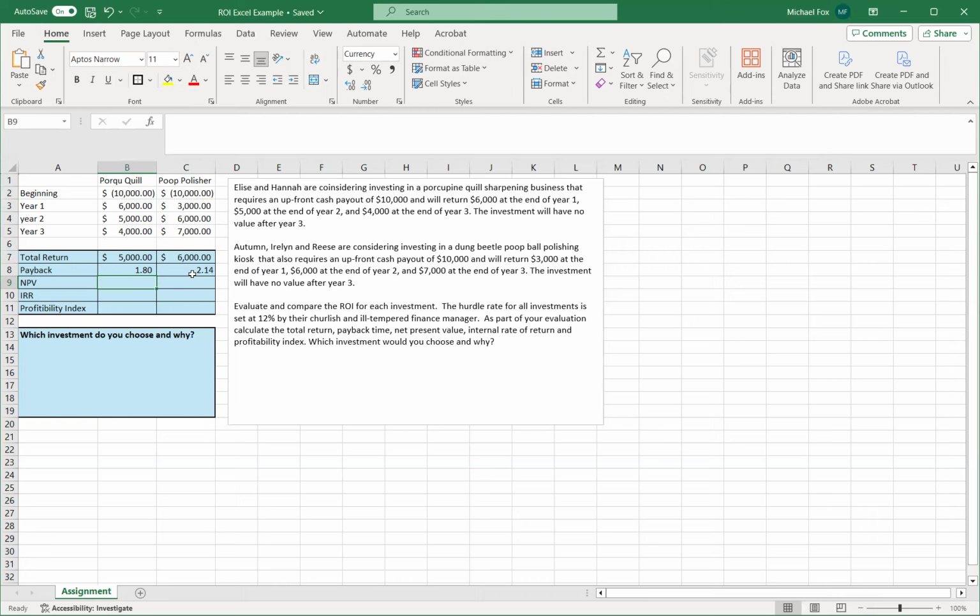So the present value or net present value factors in this idea that money today is worth more than money sometime in the future. And because it's hard for us to understand that, we use the present value, which means, no matter if we get the money today or next year, how much is that worth in today's dollars? Okay, so let's just take a look at how we use Excel to do this.